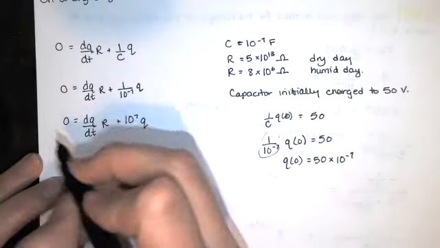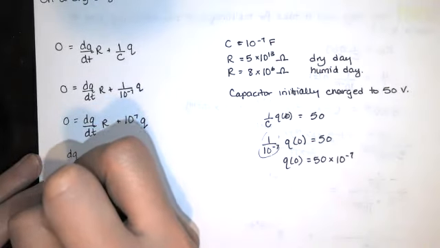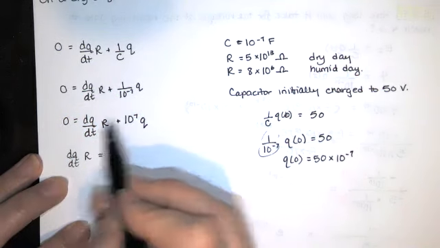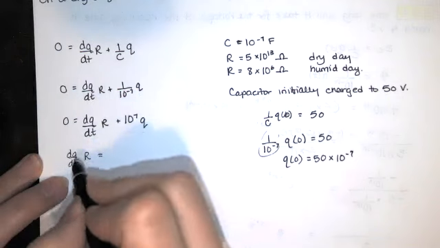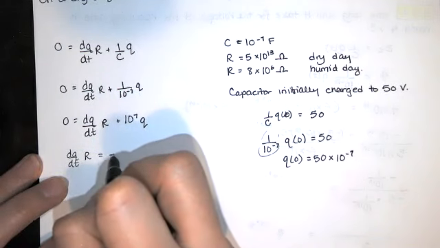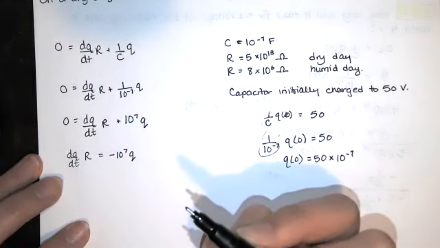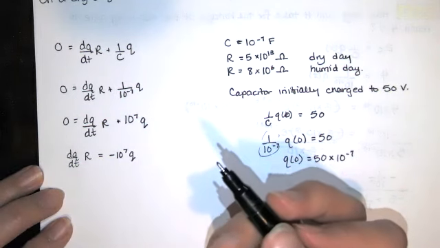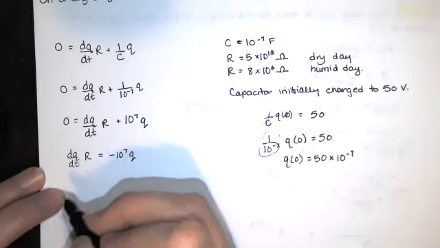If we subtract this from both sides and then flip the sides, we'll have dq dt times R equals negative 10 to the 7th times Q. And R is just a constant. You can keep that on either side. Either one is fine.